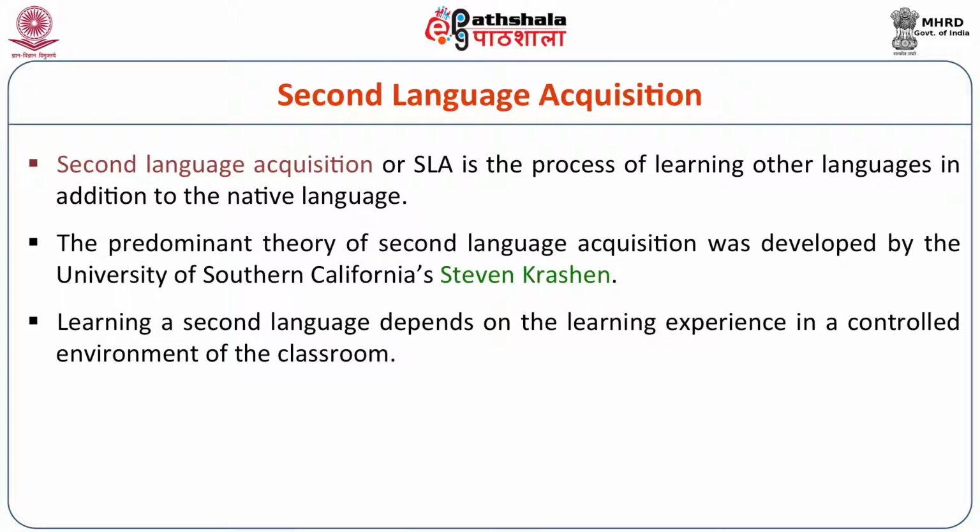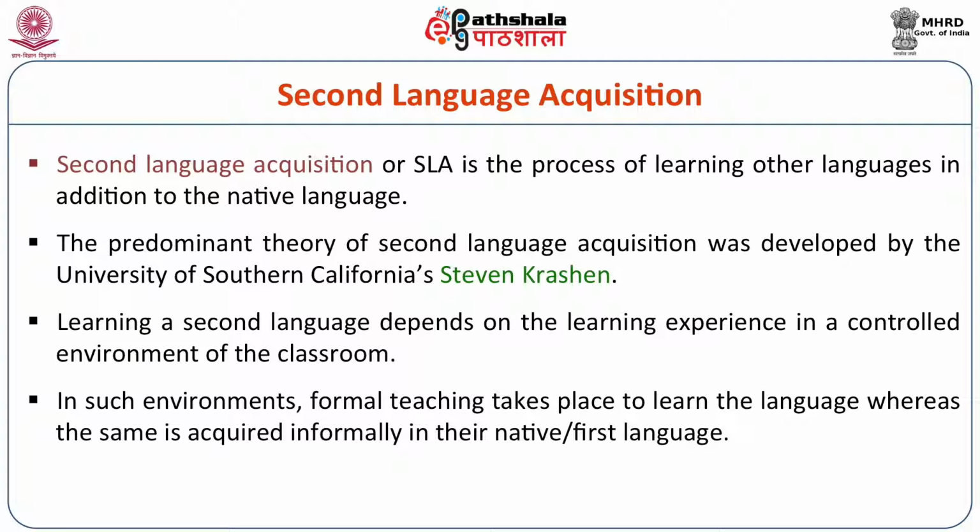So learning a second language depends on the learning experience in the controlled environment of the classroom. In such environments, formal teaching takes place to learn the language, whereas the same is acquired informally in the native or first language.